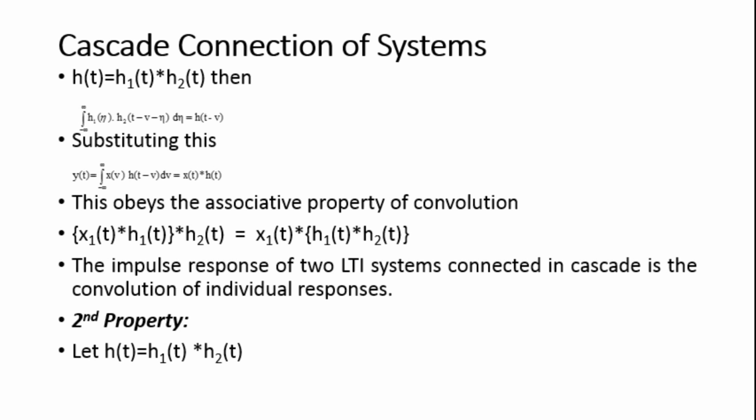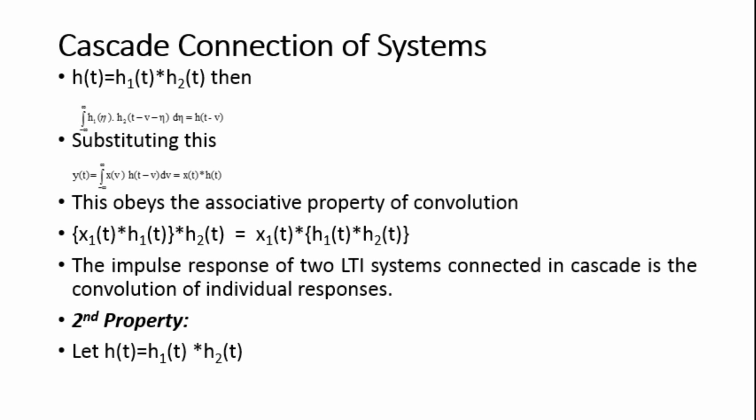Then h of t is equal to h1 of t convolution with h2 of t, where the integration from minus infinity to infinity of h1 of eta into h2 of t minus v minus eta d eta is equal to h of t minus v. Substituting this, we get y of t is equal to the integration from minus infinity to infinity of x of v into h of t minus v dv, which is equal to x of t star h of t.